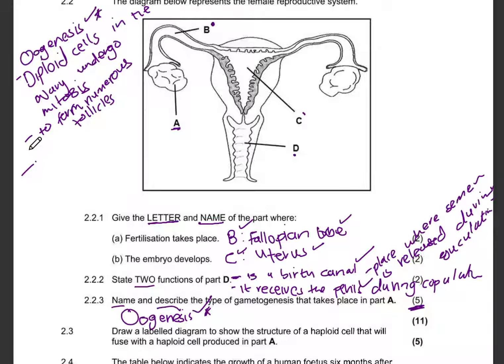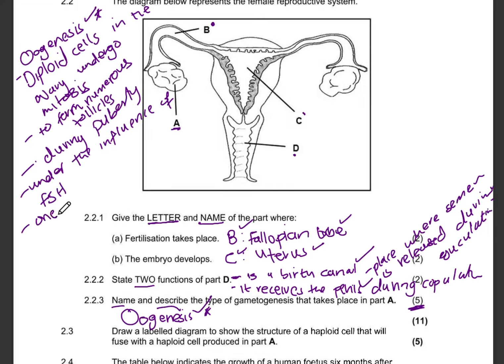Then under the influence of FSH, this will be during puberty. So during puberty, under the influence of FSH, one cell from those numerous follicles, one cell inside the follicle will enlarge and will then undergo meiosis.